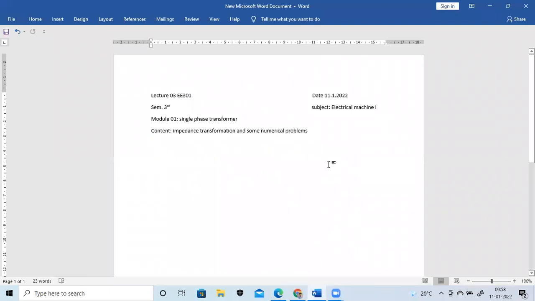We already mentioned the impedance transformation, that is represented by Z2 dash, total impedance of the secondary referred to the primary side. So just write here the relation we already derived in the previous class for the ideal transformer.